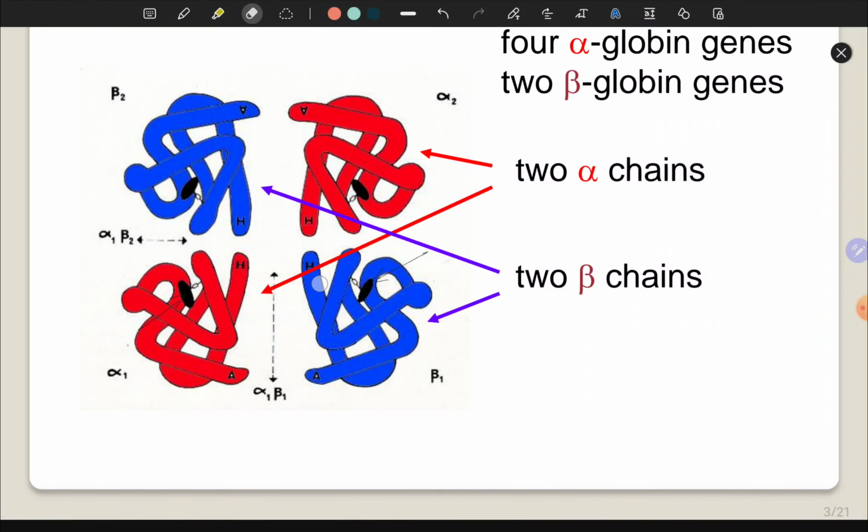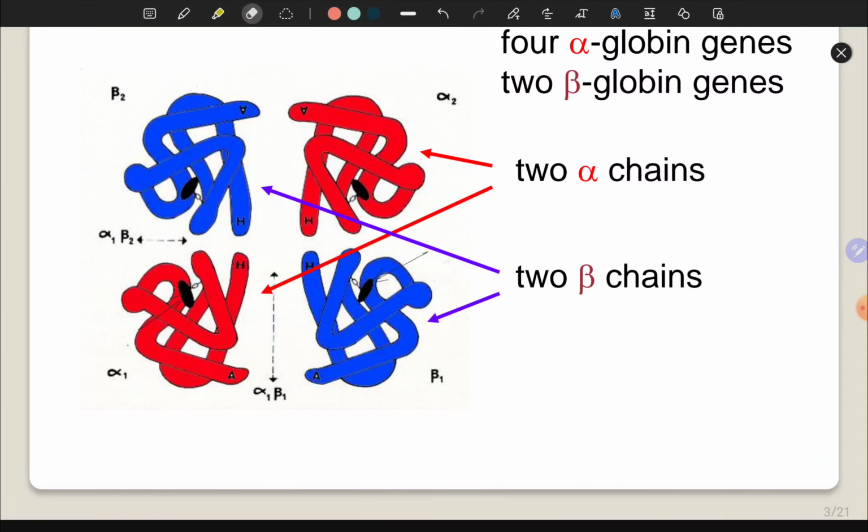If you say tense, it means the chains are very near to each other. Relaxed means they are at a distance from each other. And tense and relaxed is by the effect of binding of oxygen to the iron atom. I know this might be too much detail, but just for information.